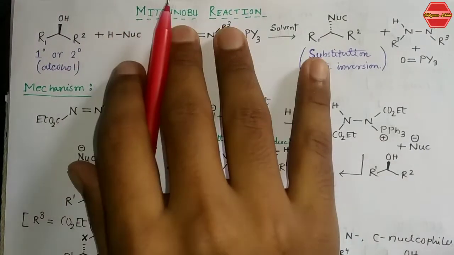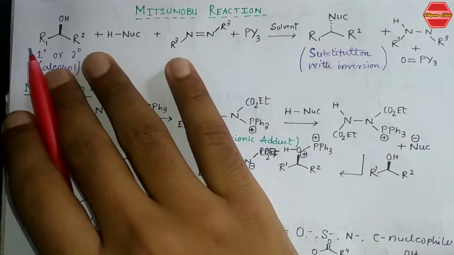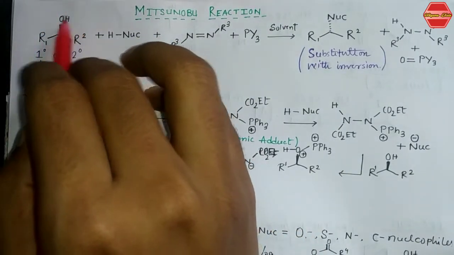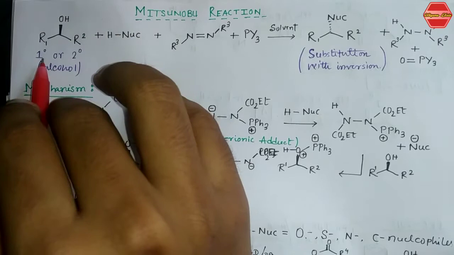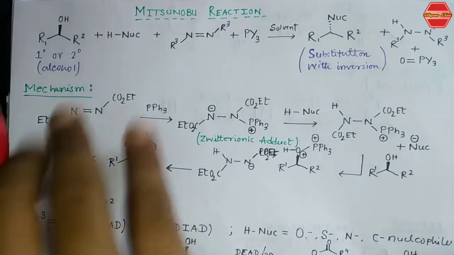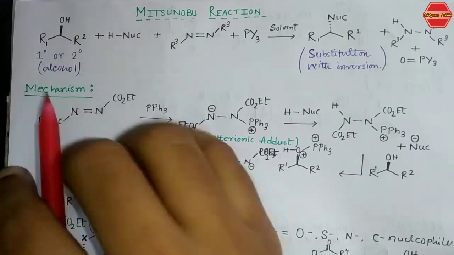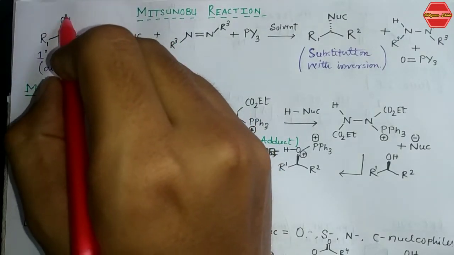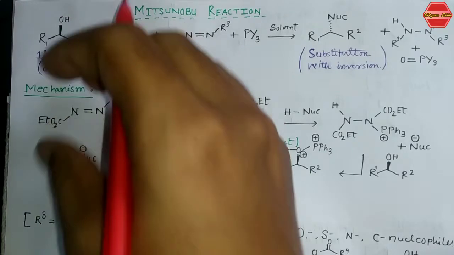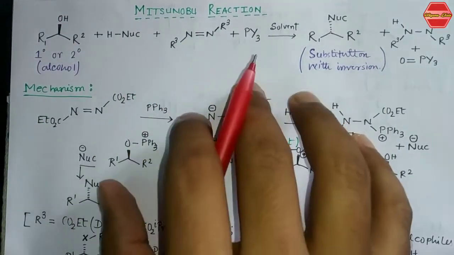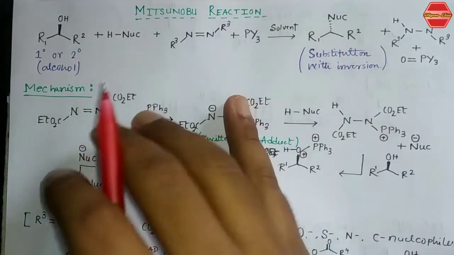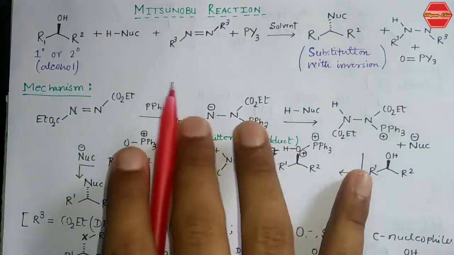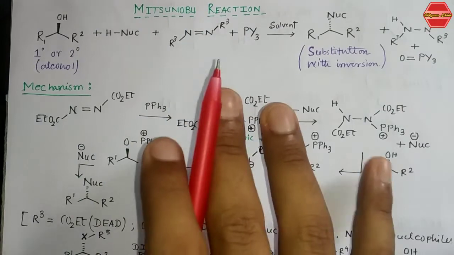First of all, you have to know the reagents, the substrate and what will be the product. The substrate is basically a 1 degree or 2 degree alcohol. Here you can see a chiral center, and the OH group is above the plane. The main motive for this reaction is to change the stereochemistry of this particular alcohol, so that is why this reaction is very important.